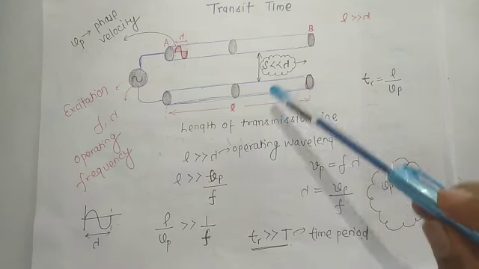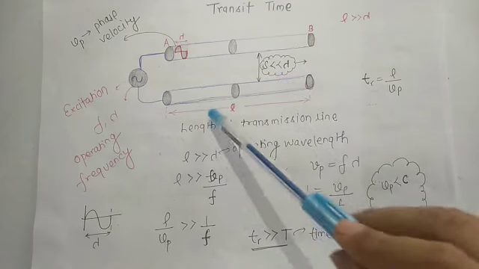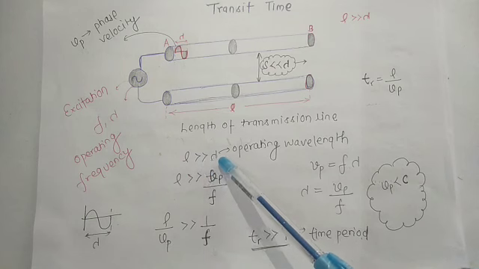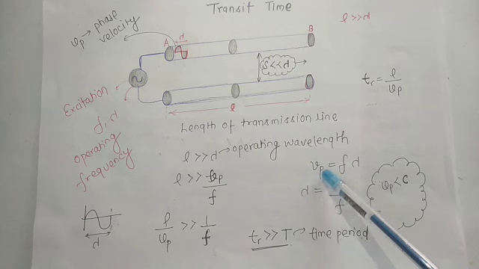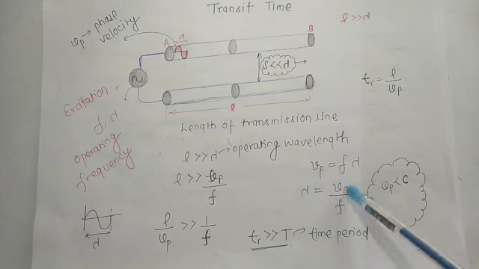Now let us give some mathematical support. If this is the length of the transmission line, I can say the length is very much greater than lambda. How can we calculate lambda? From the equation velocity equals frequency times lambda, I can calculate lambda as Vp over f.